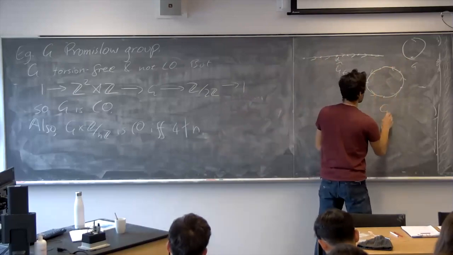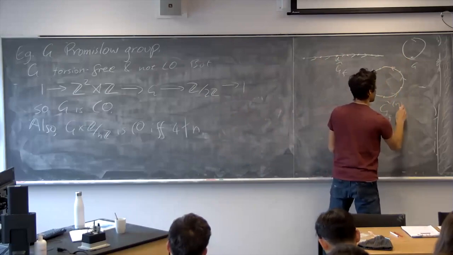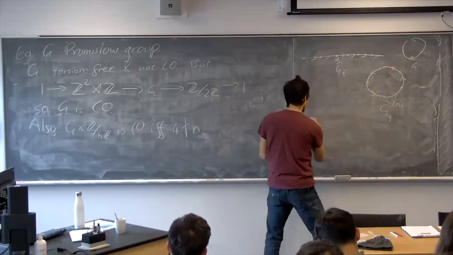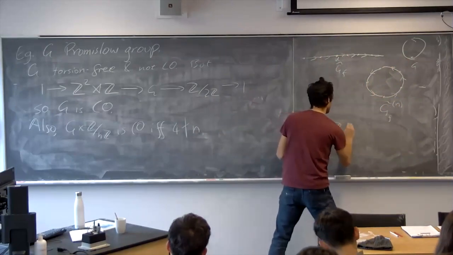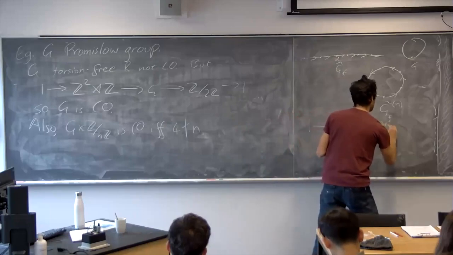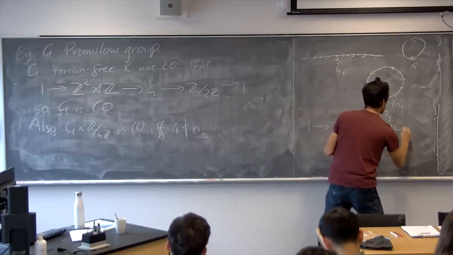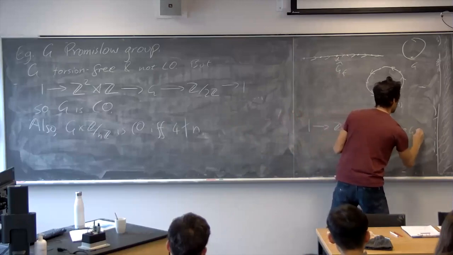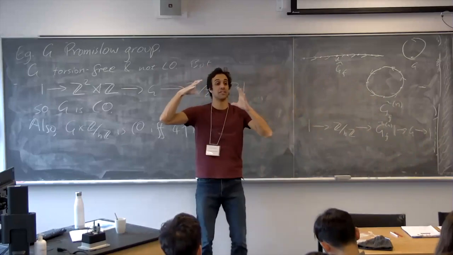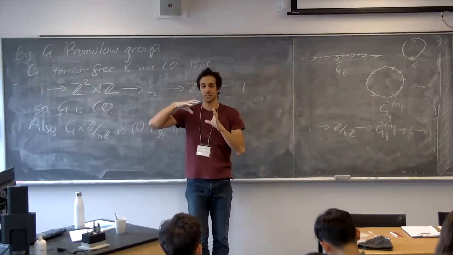I'm going to call this G F tilde N, where you have 1 going to Z mod NZ, going to G tilde N, F, going to G, going to 1. So instead of completely unwrapping, you unwrap to an intermediary cover, a finite sheeted cover.